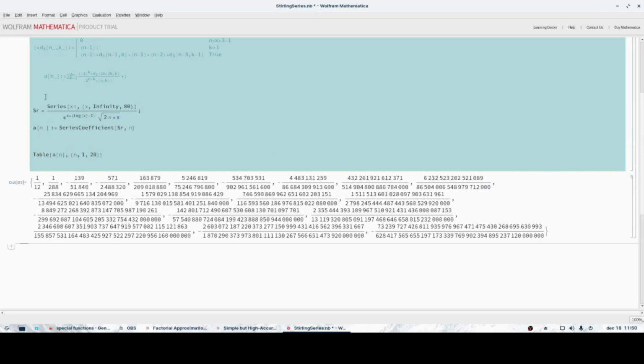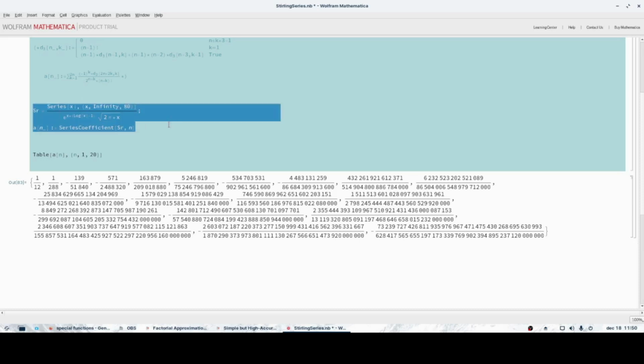The only time is to calculate this series first. All the others are very fast. So here are 20 elements. I show this just to know that I have to use this method for computing the Stirling coefficients here.